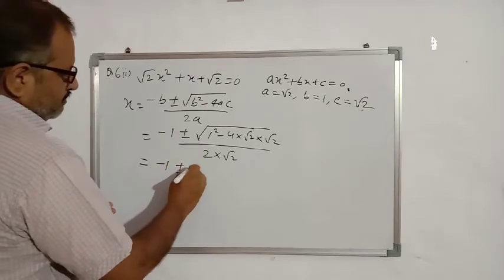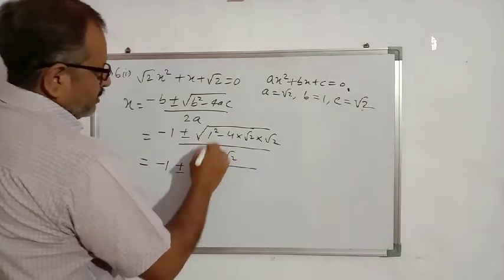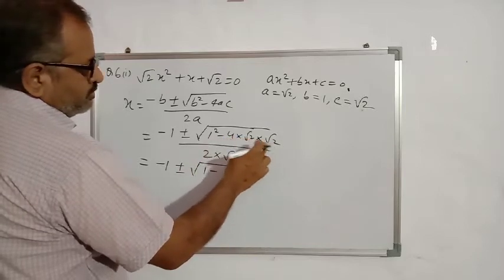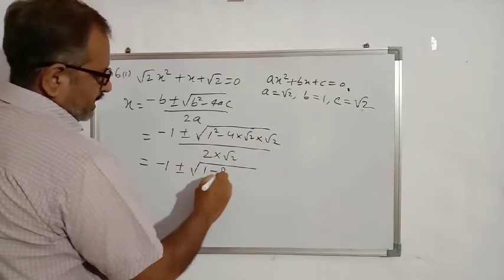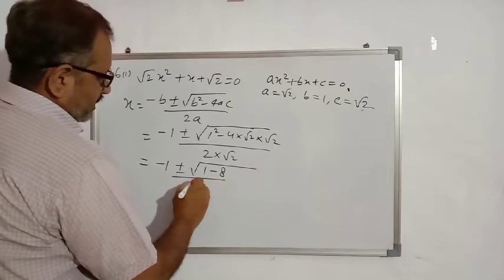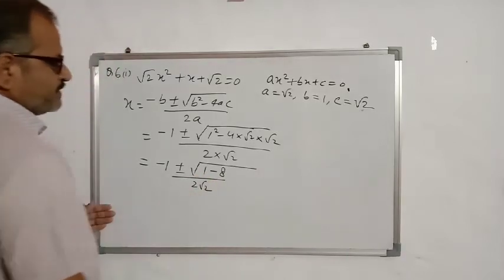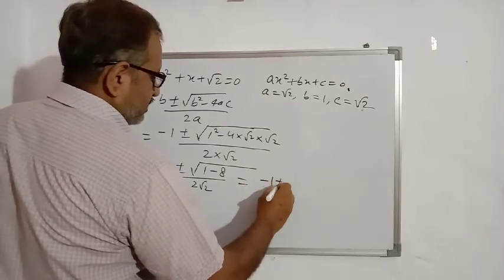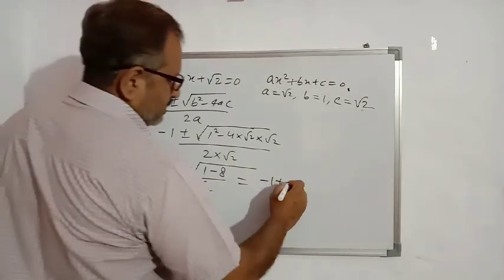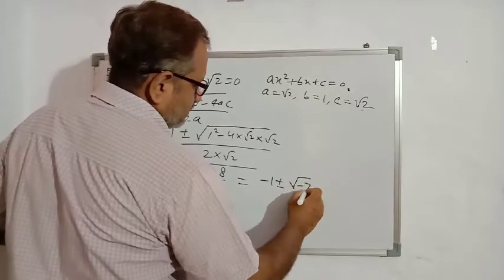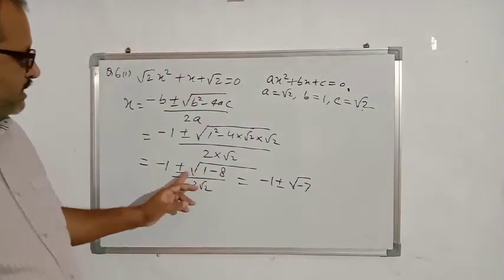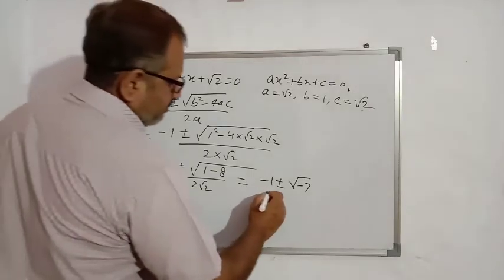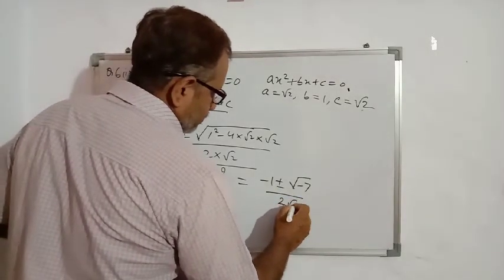Minus 1 plus minus root of 1 minus 4 into root 2 into root 2, which is 2, so 4 into 2 is 8, 1 minus 8, by 2 root 2. Minus 1 plus minus root minus 7 by 2 root 2.